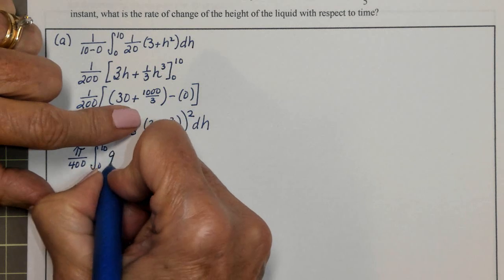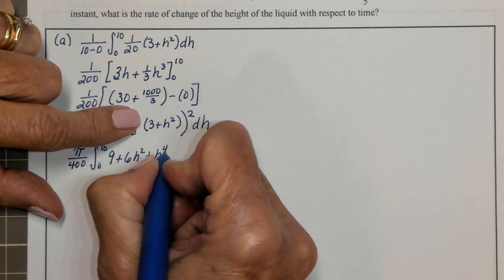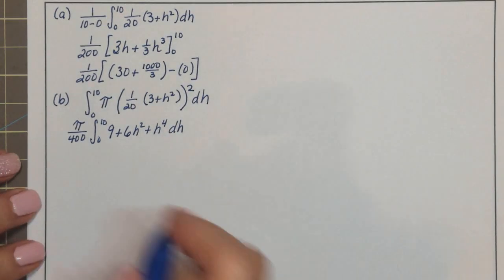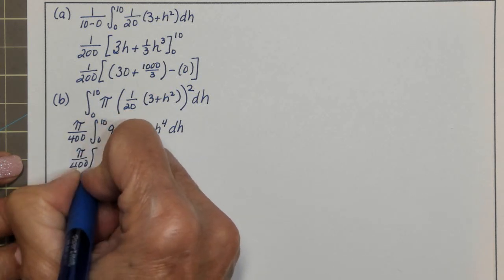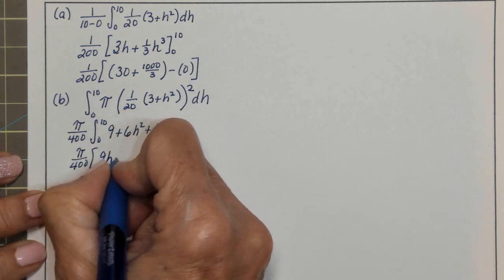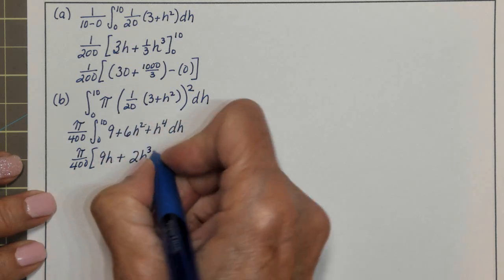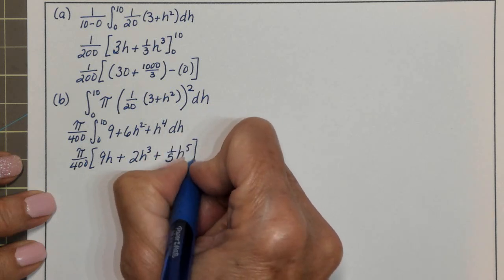So I'll have 9 plus 6h squared plus h to the 4th dh. And now all of a sudden it gets super easy. 9h plus 2h cubed plus 1/5 h to the 5th.